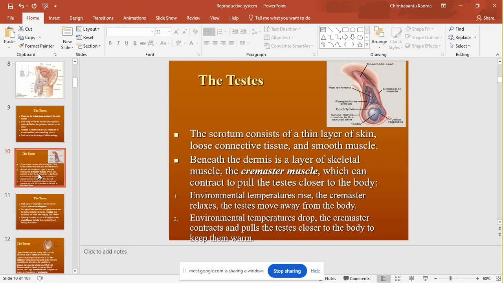And when it relaxes, it's going to move your testis away from the body, helping it to maintain its optimal temperature for sperm production. And when the environmental temperature is low, what this cremaster muscle is going to do is that it's going to contract.